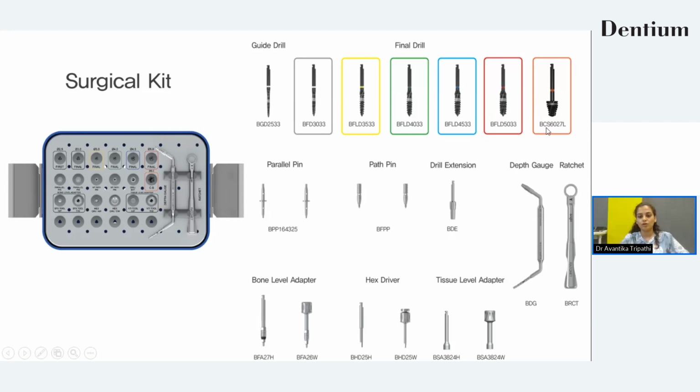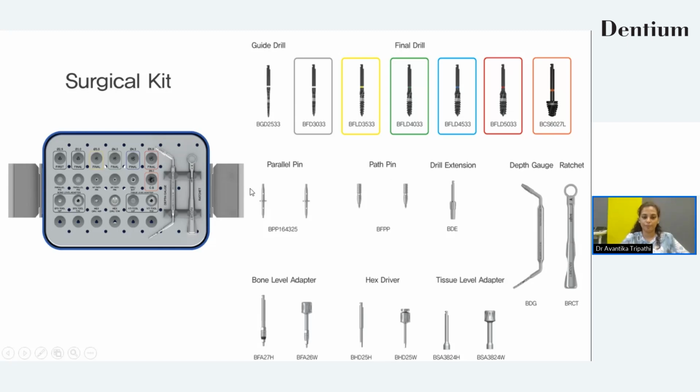So if I am going to place a 6 mm bone level implant, I need to prepare till 5 mm full depth, and then I have to do the countersink with a 6 mm drill. Then I can place a 6 mm implant. Otherwise, for a 2 mm tissue level implant placement, I need to do decortication with a 2.5 mm drill, and I can place a 2 mm implant.